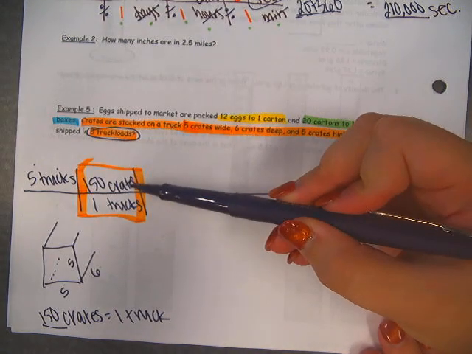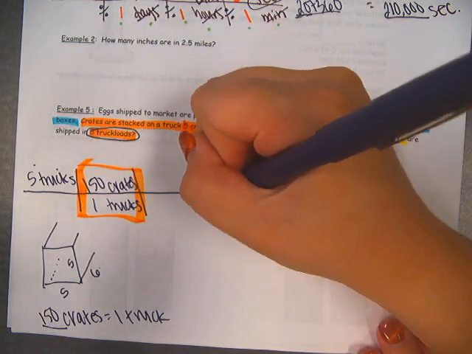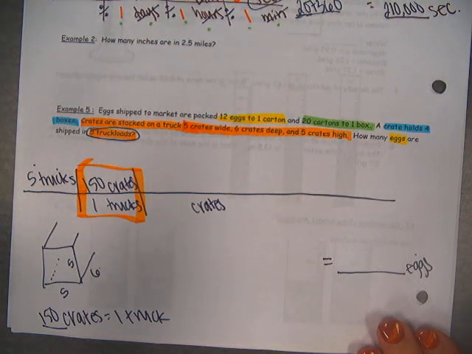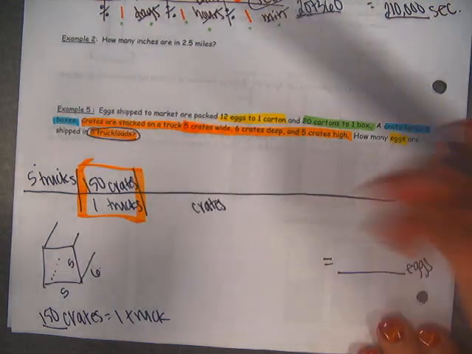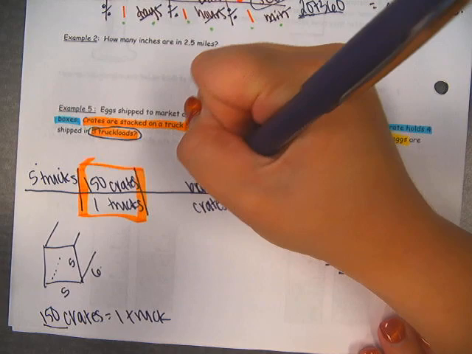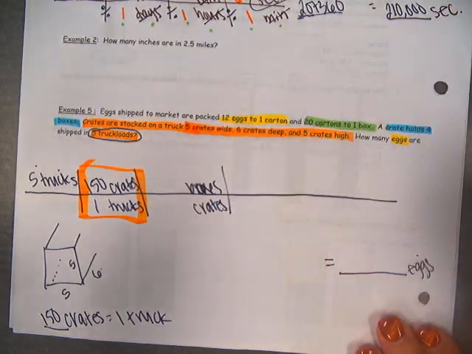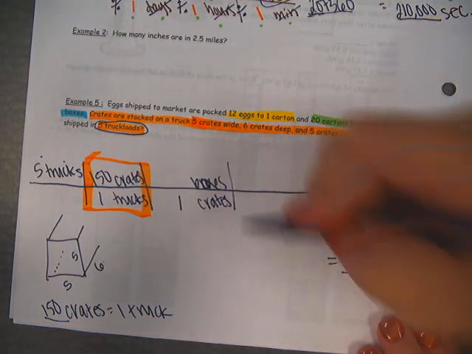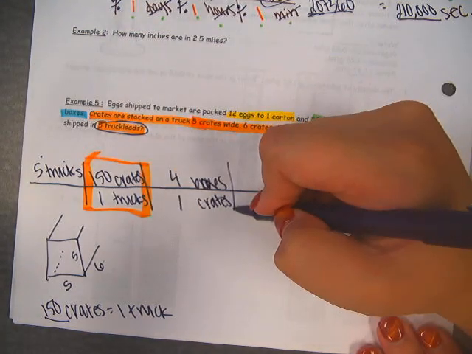If I have crates up here, I need to bring crates to the bottom. I know that a crate holds 4 boxes, so I can go from crates to boxes. So 1 crate equals how many boxes? 4.